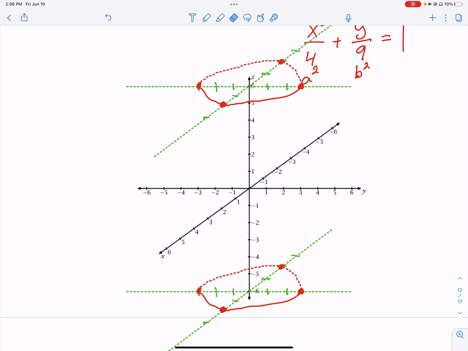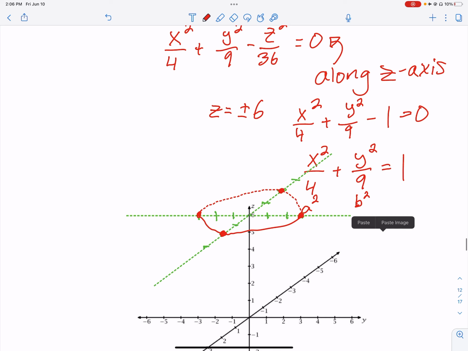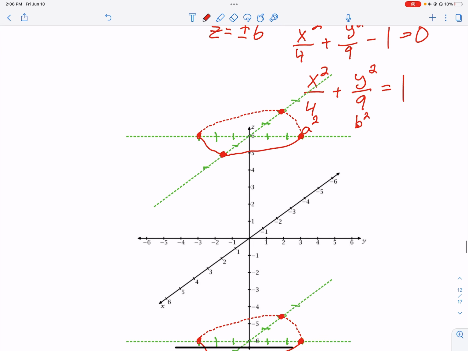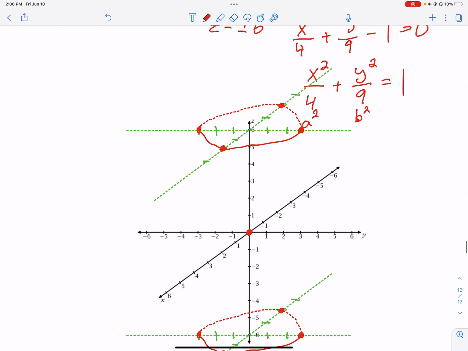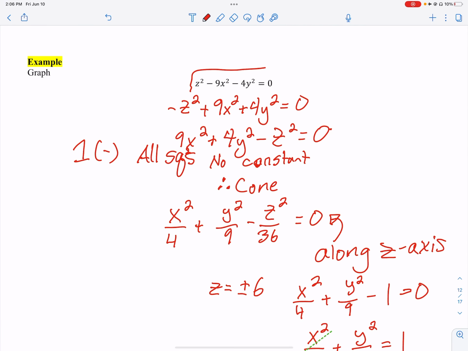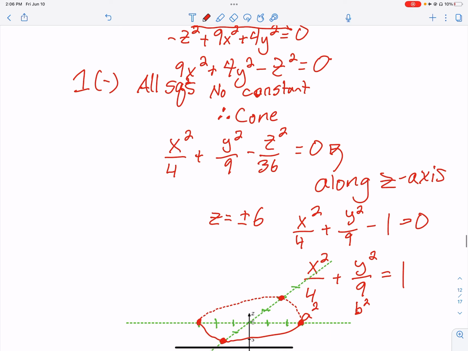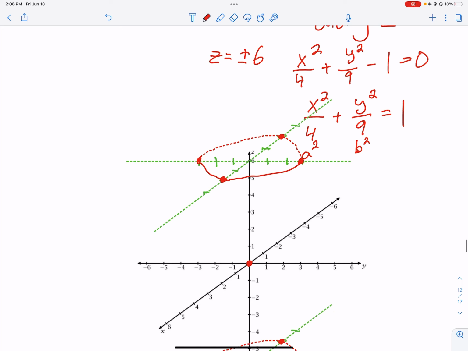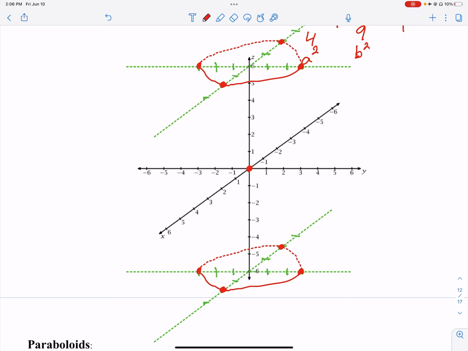If I think about what is happening at the origin, I actually would get 0, 0, 0, which is a solution to my equation. With x being 0, y being 0, z being 0, it would solve it. So that's z being 0, and that's what gives us this cone-like figure.